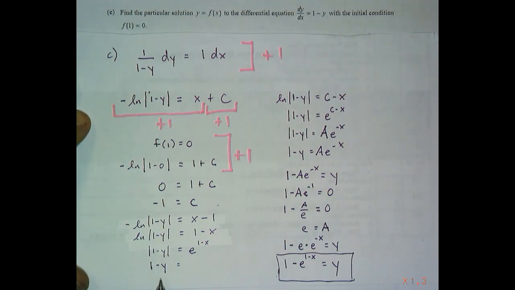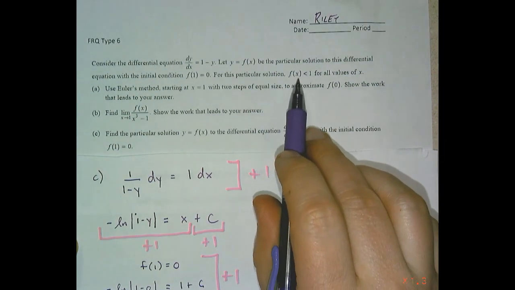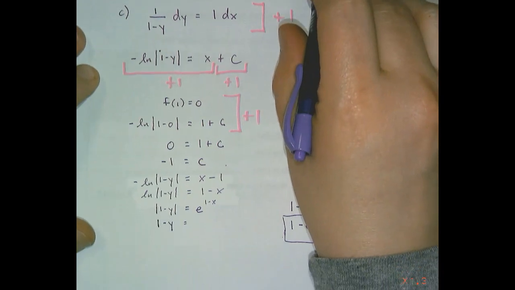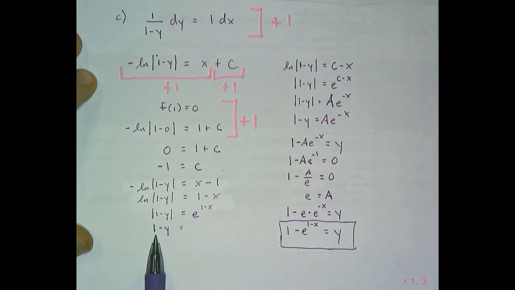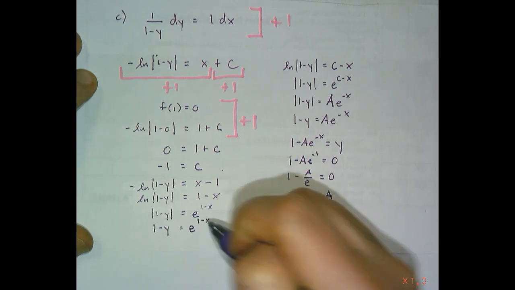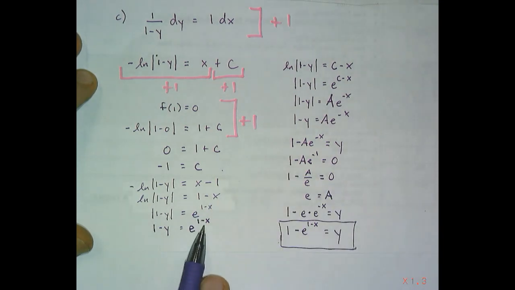Because we know that y is always less than 1, 1 minus a number less than 1 will always be positive. So the absolute value gives us a positive number, so we're going to take the positive version of the e rather than the negative.